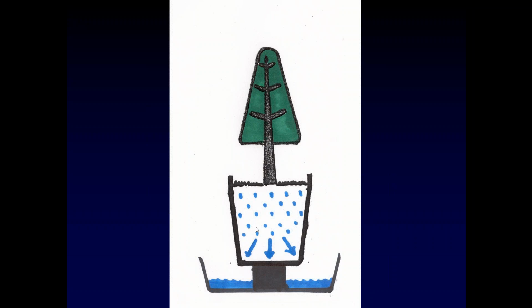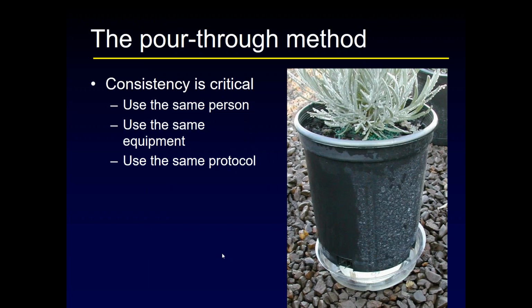A method that is very popular and used by many nurseries and greenhouses is this pour-through method. It is a very good way to extract the solution that's within the container, so that we can measure it for the pH, the electrical conductivity, or in some cases, the nutrient availability. There are many articles written on how to do this, so you can find a lot of this information on the internet.